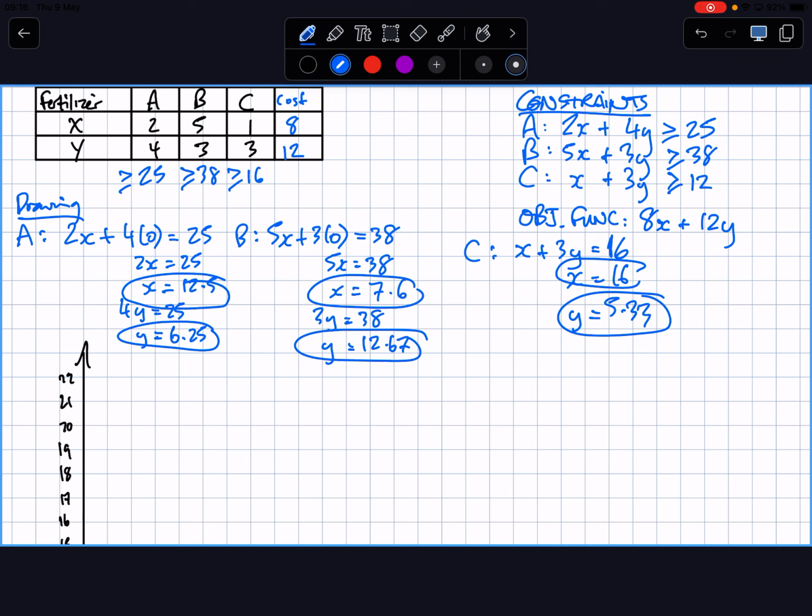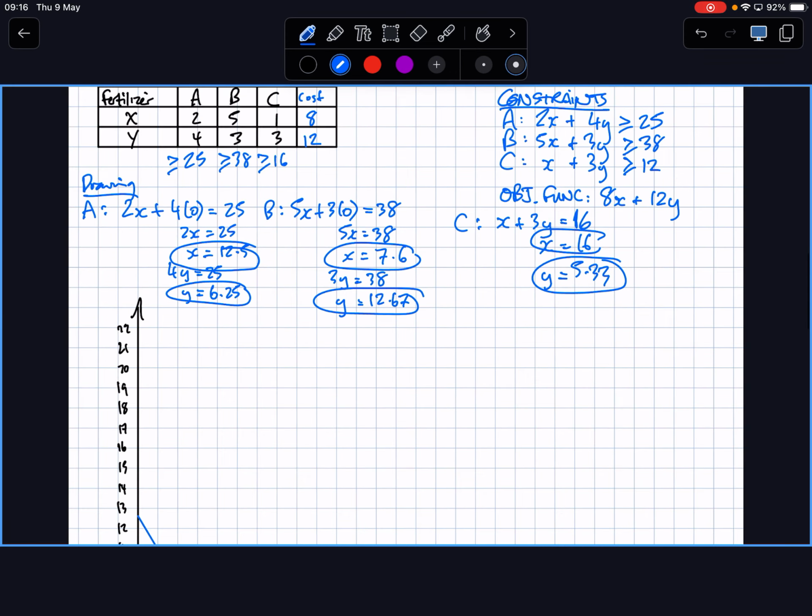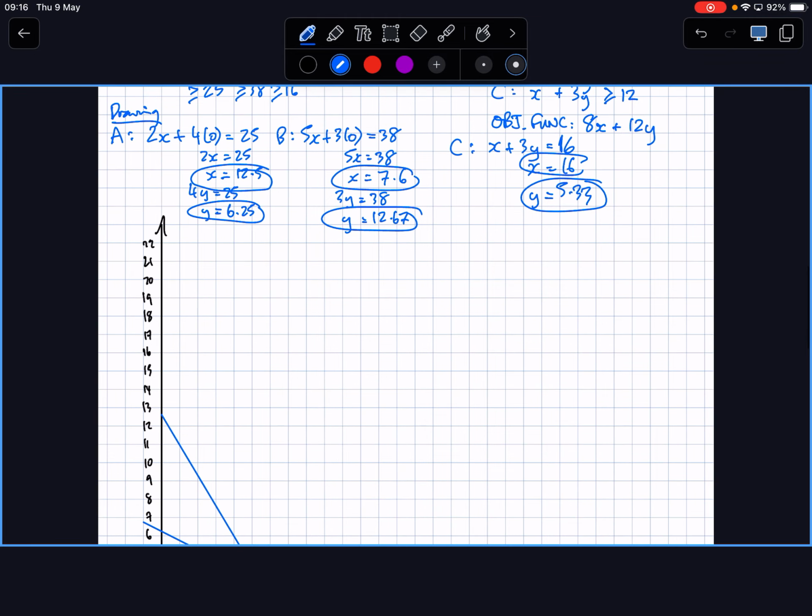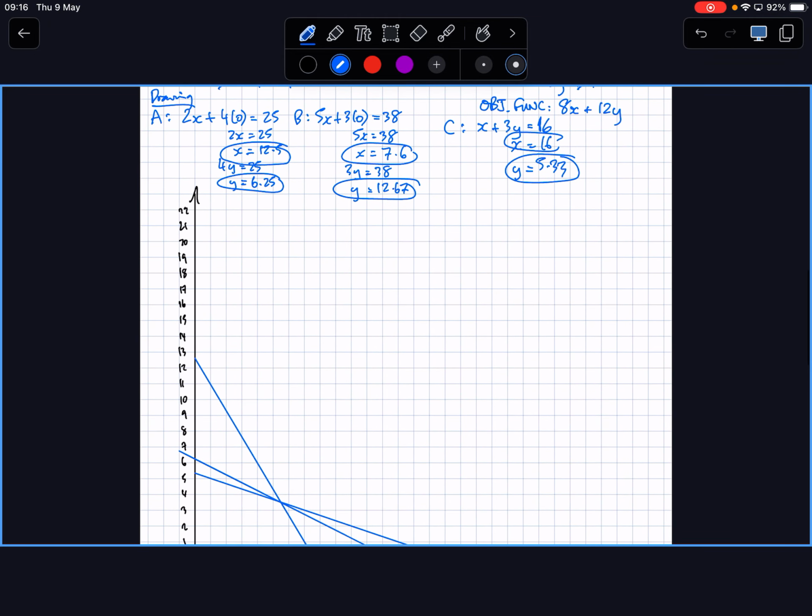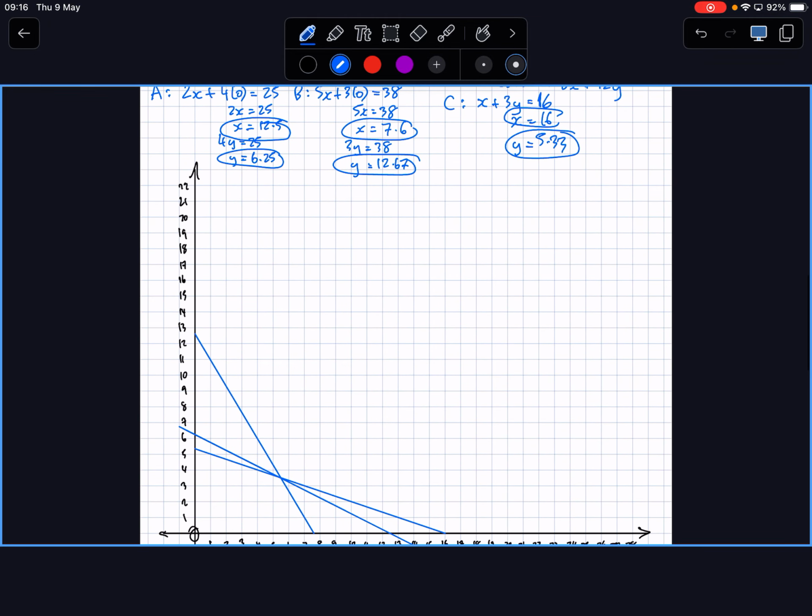Has to be in the vicinity of it. Get the working out down, and also can you draw the constraint lines, please, like I've got there.